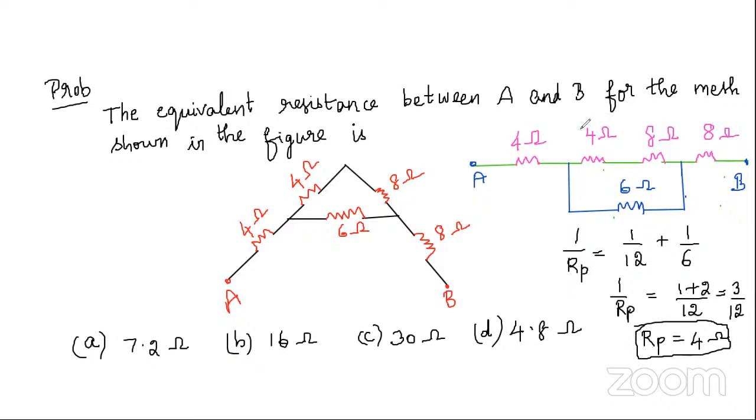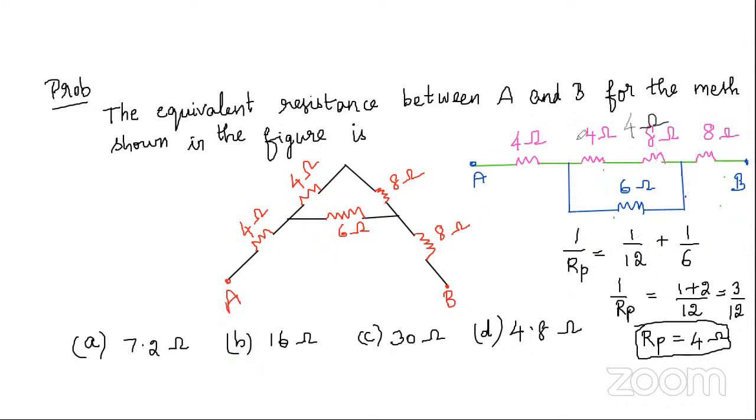So now this branch is actually reduced to 4 ohm. So what you have to do now is replace this with 4 ohm and then go for the next calculations. So now the circuit reduces to, here you will be having 4 ohm instead of all these 3 resistances.